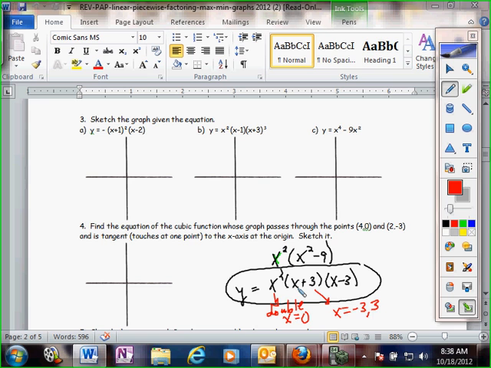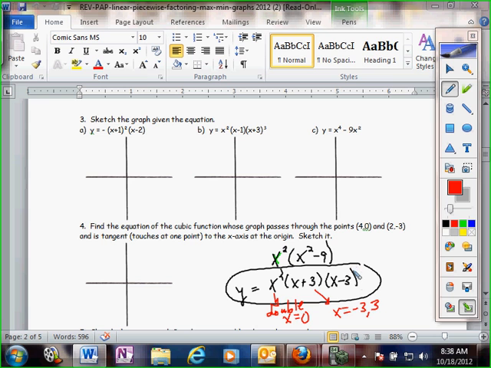Well, the first thing I have to know is that what we have is a quartic function. I know we have a quartic function because back up here, right here, it tells me the highest power is 4. But if I was given the factored form here, I see that there's 2 x's, 3 x's, 4 x's. So it's still a quartic function.